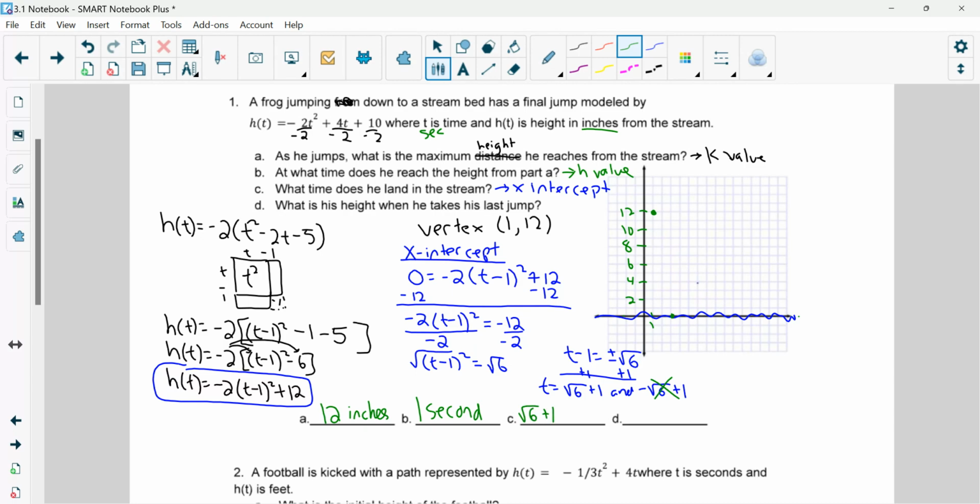And you can use your calculator. If you don't have one, get one out, and figure out what roughly that would be equal to. All right, what's square root of 6 plus 1 equal to?